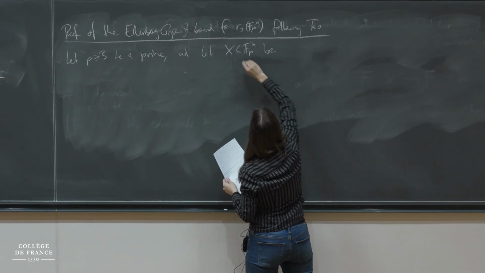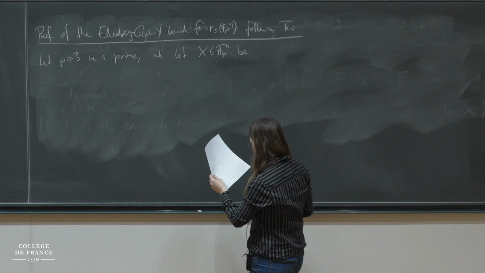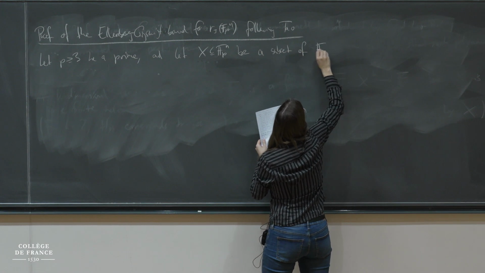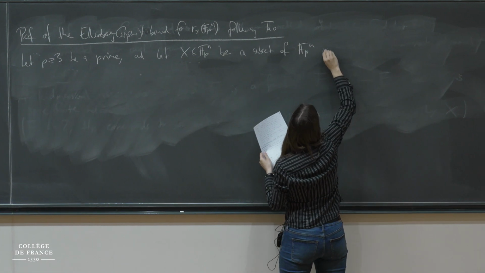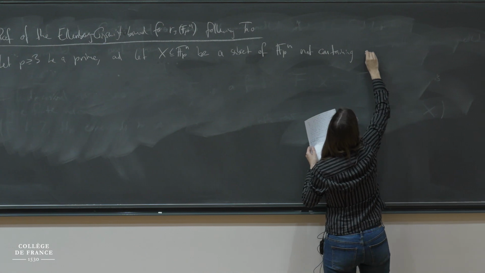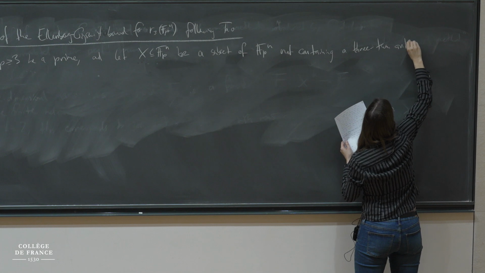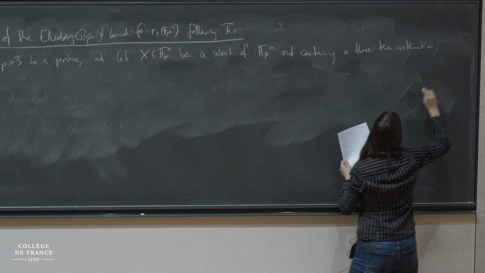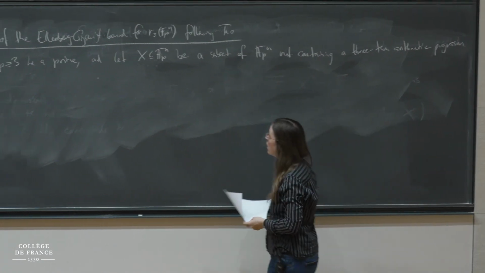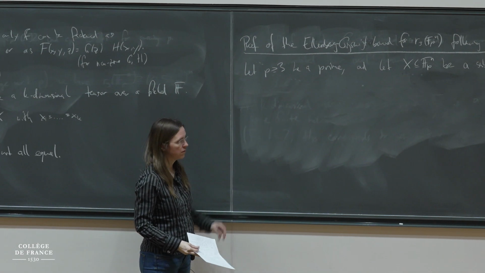So we start with any subset X of F_p^n without a three-term arithmetic progression, and then we want to upper bound the size of X. Okay, so we assume X doesn't have a three-term arithmetic progression in it, and the goal is to upper bound the size of X.